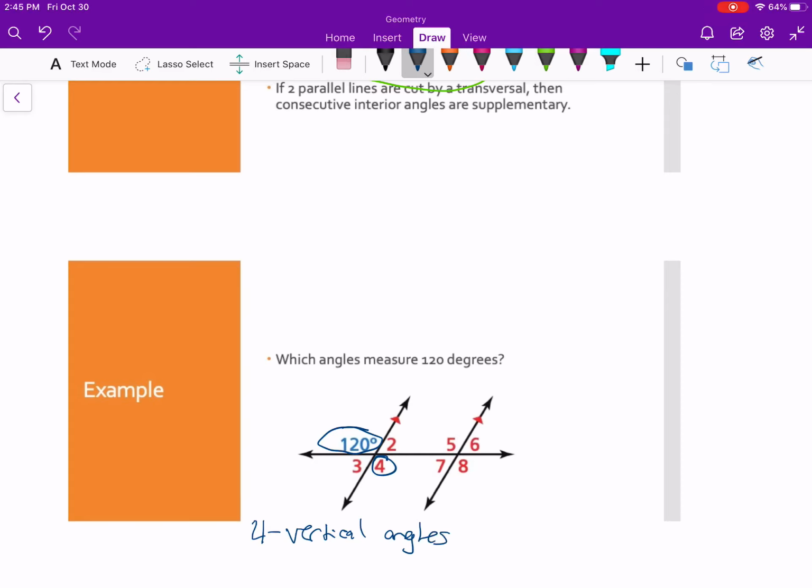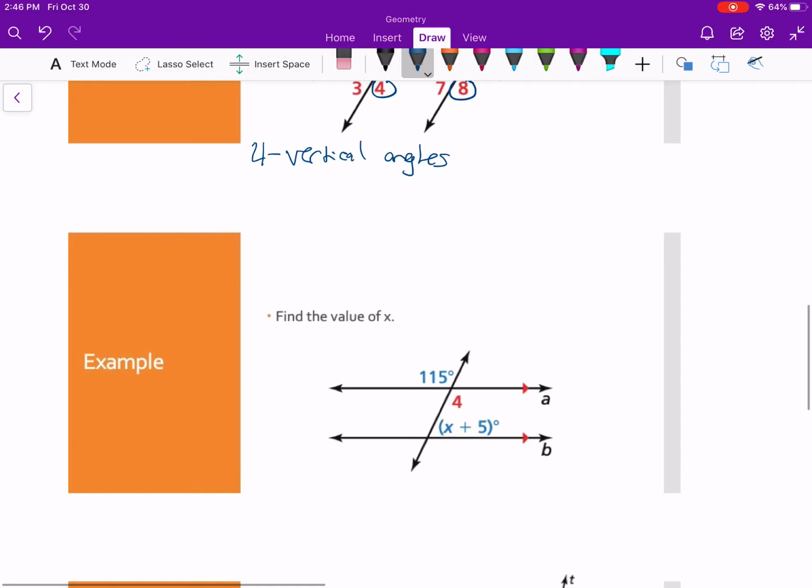Number 5 would also be because angle 5 is corresponding. Number 8 would also be because 8 is an alternate exterior angle. So those 4 angles, including the one that we were given, are all 120 degrees.